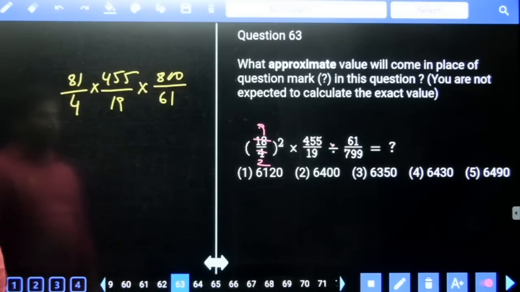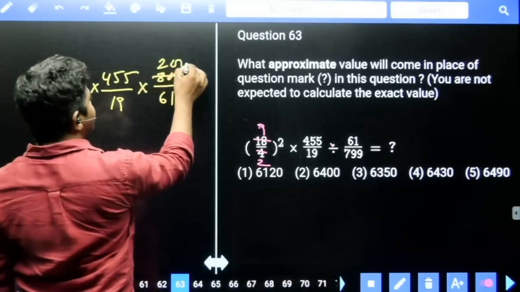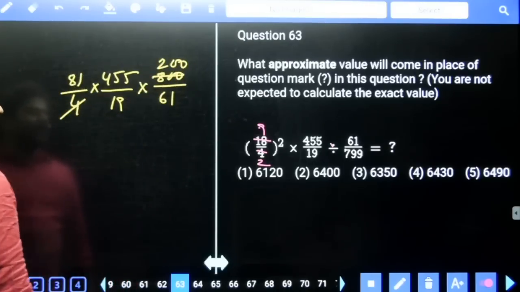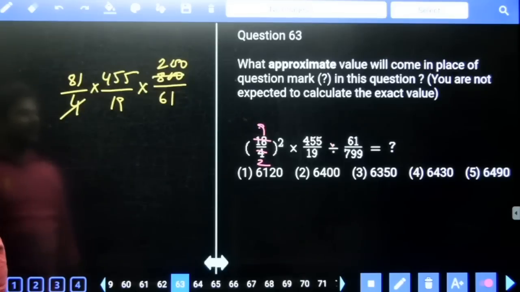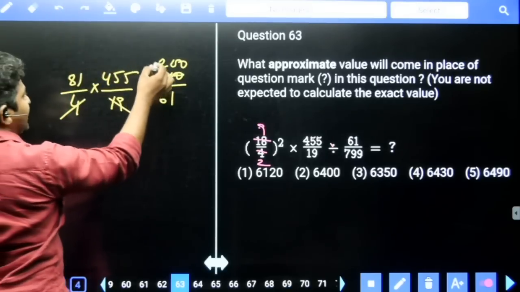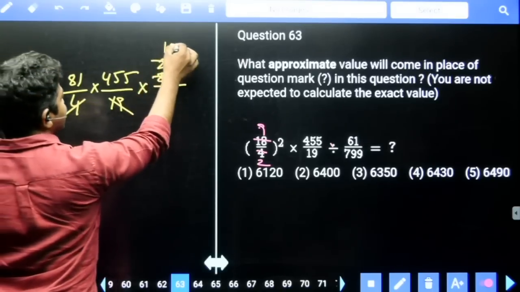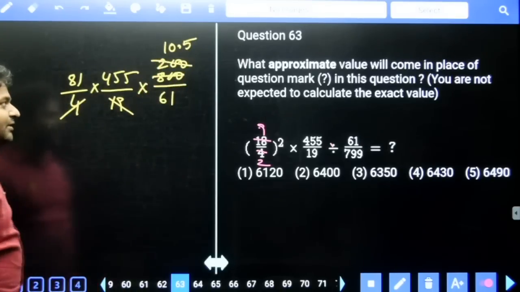Now, as these are approximations, let's see if you have any simplifications. 4 200 times, and then 19. Yes, 19 10 times is 190. Apart from that, you have 10, so you can treat it as 10.5 times.